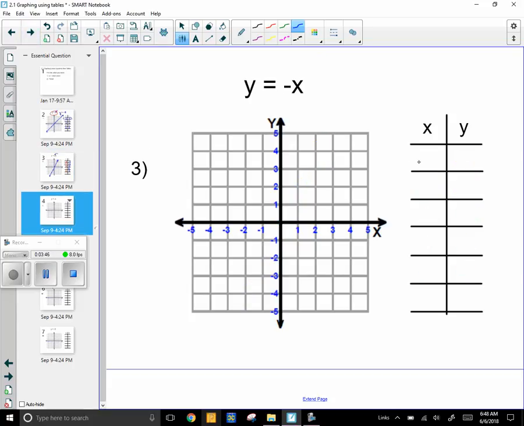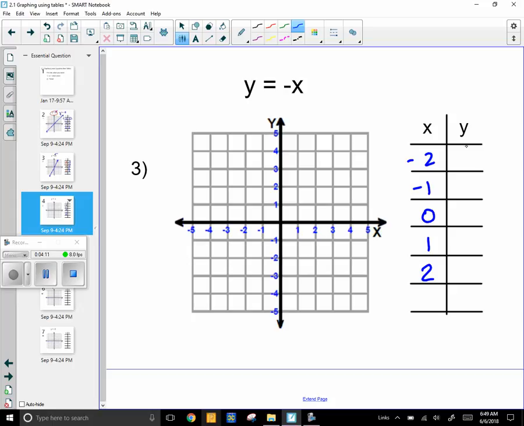This one has the same inputs. I'm typically going to use -2 through +2 as the main 5 inputs. This time we're going to take the negative value of x, or -1 times x. No matter what x is, we multiply it by -1, or you can think of it as taking the opposite sign of x. So y equals the opposite sign of x, -x.